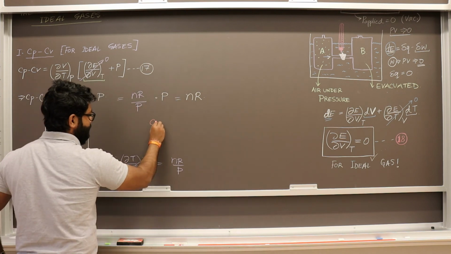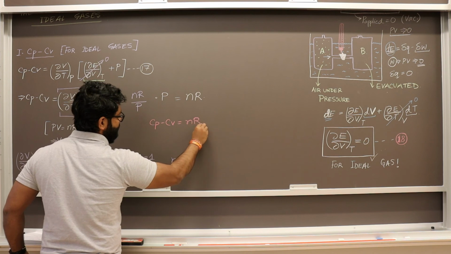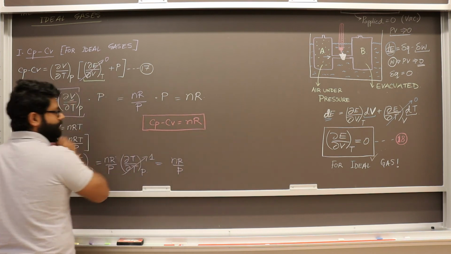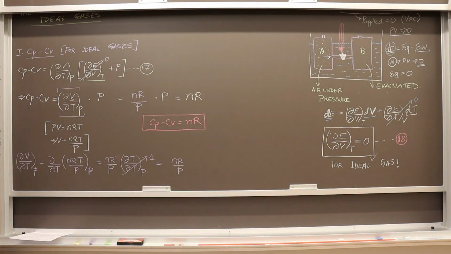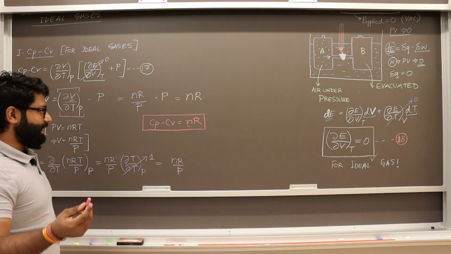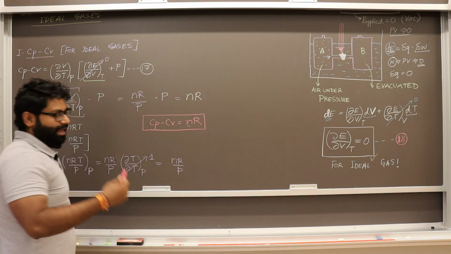Cp minus Cv. Okay? Now n is the number of moles of the gas that is being used, and R is the universal gas constant, 8.314.